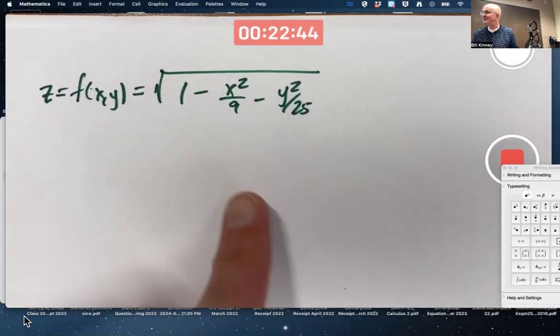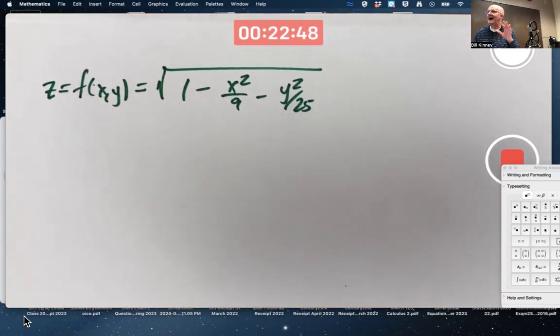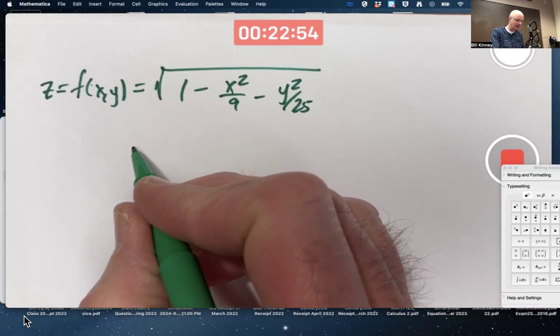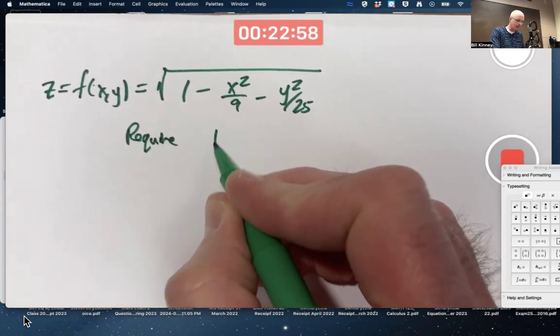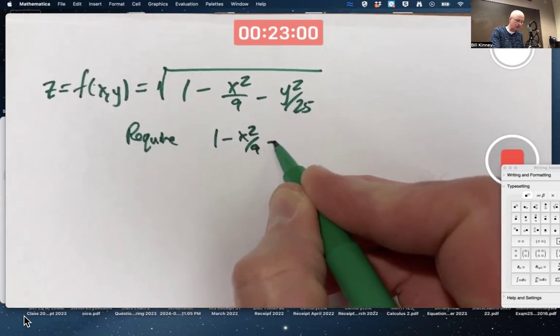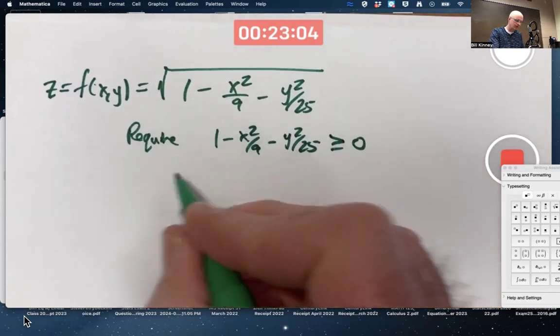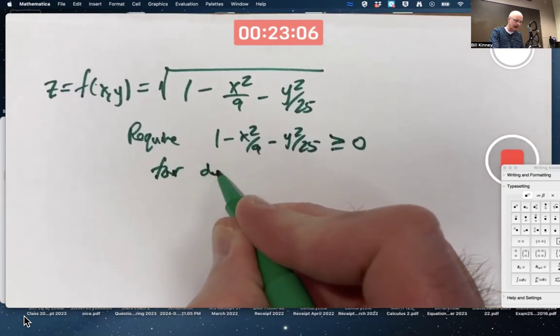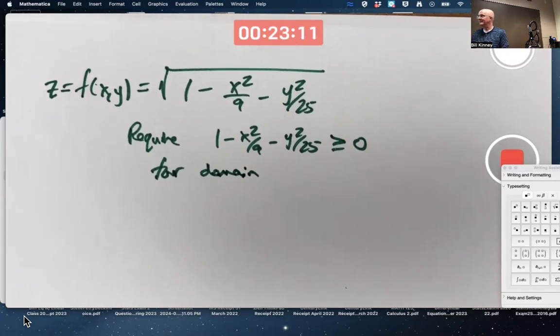If we allowed for imaginary number outputs, then what's under the square root could be negative, but we're not doing that in this course. So for the domain, we require 1 minus x squared over 9 minus y squared over 25 to be greater than or equal to 0. In other words, this inequality defines the domain.